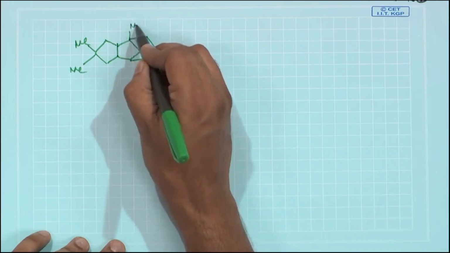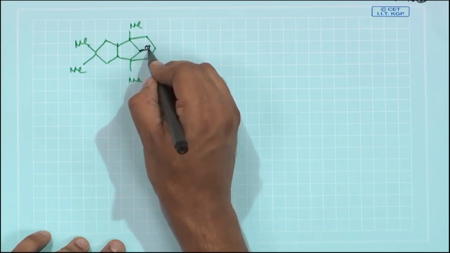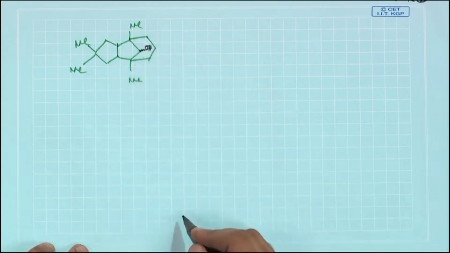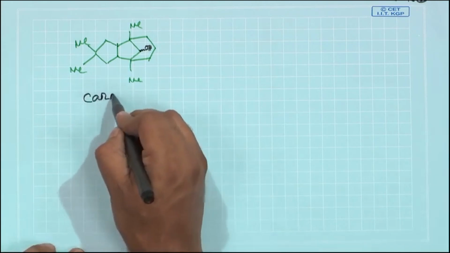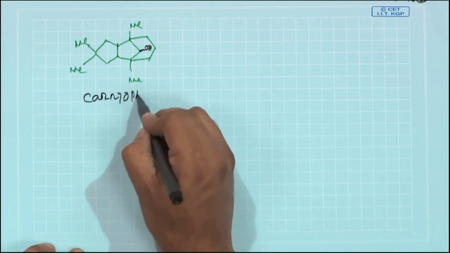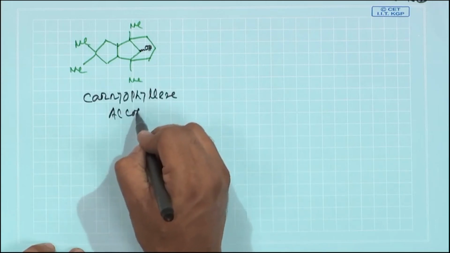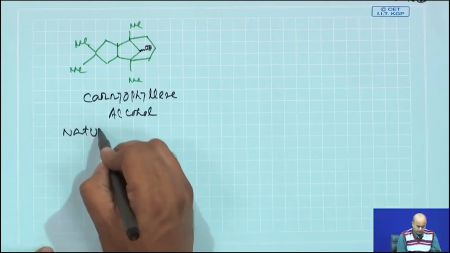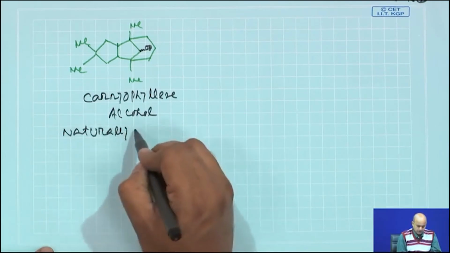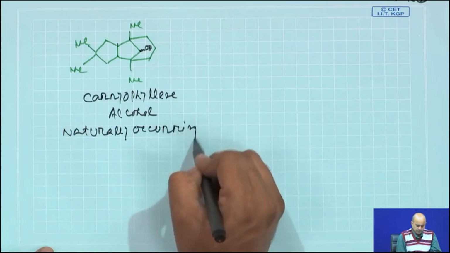There are methyls here, and in the central carbon you have an OH. Now, this molecule's name is caryophyllene alcohol. This is a naturally occurring sesquiterpene. This is a naturally occurring compound, or you can isolate it from nature.